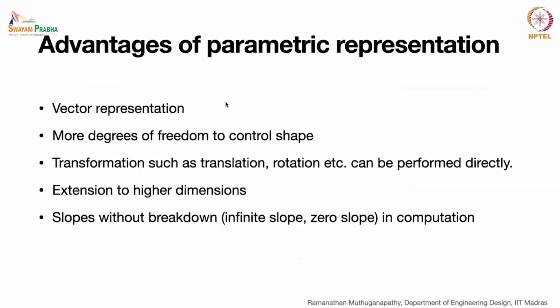This is one of the greatest advantages of a parametric equation. Let me briefly mention the advantages of this parametric representation without going into too much detail. First, as I told you, you can represent it in a vector manner, which means all your fundamentals from linear algebra and matrices come into the picture. It's very amenable to processing.